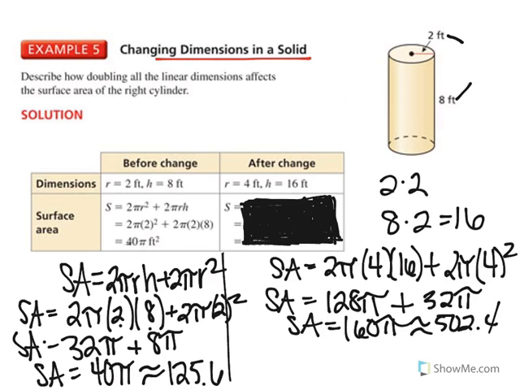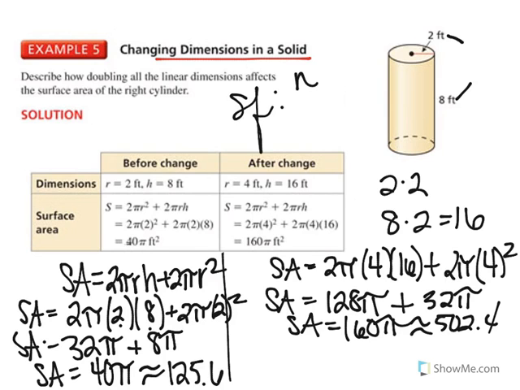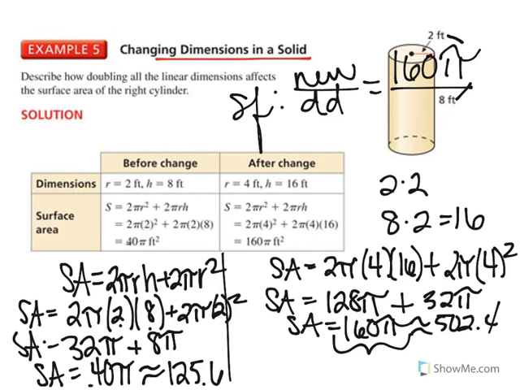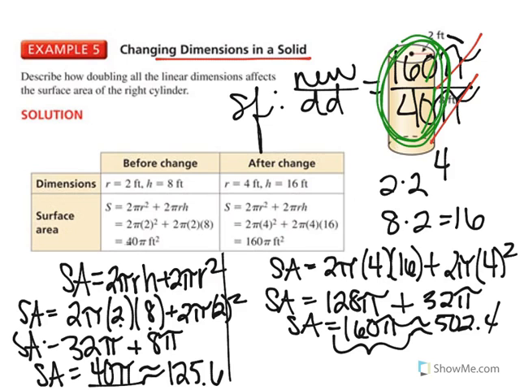Now, if you think about the scale factor of what that does, you need to compare your new over your old. Our new surface area was 160 pi, so 160 pi divided by our old, which was 40 pi. The pi's cancel out, and then you take 160 divided by 40, which is 16 divided by 4, which is just 4 times as big.